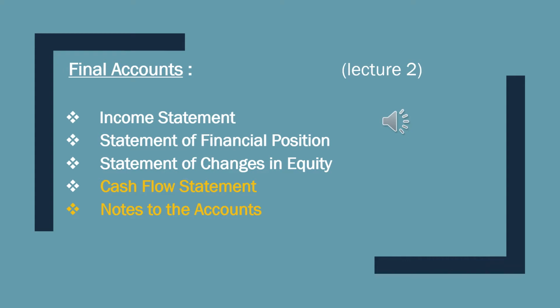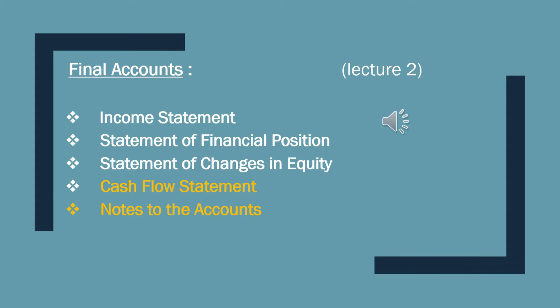Now, as you can see, the first three topics are in white in color and the second two are in yellow in color. Well, the reason is that cash flow statement and notes to the accounts are not included in your course. You should know about cash flow statement, but you will not get a cash flow statement in your exam question to draw it out, and there are not many questions asked on that.